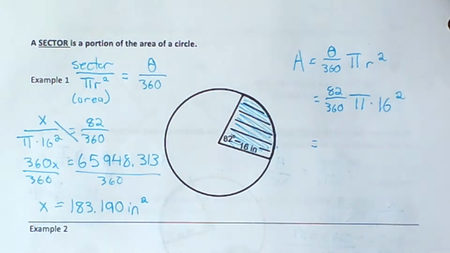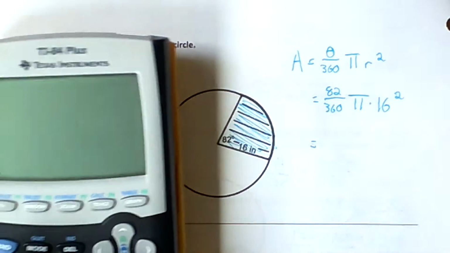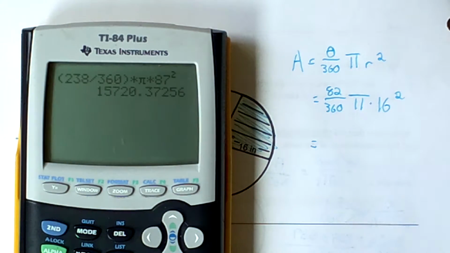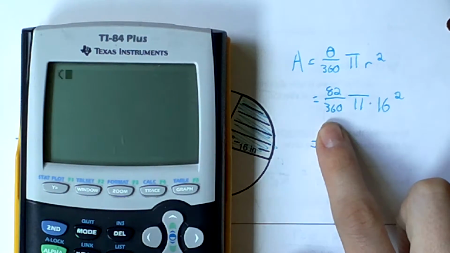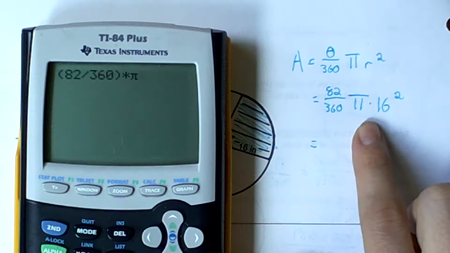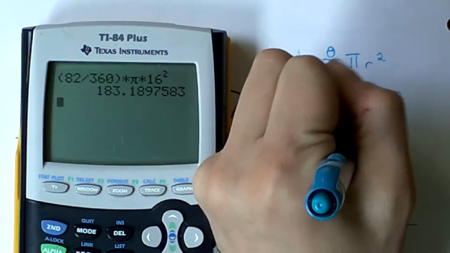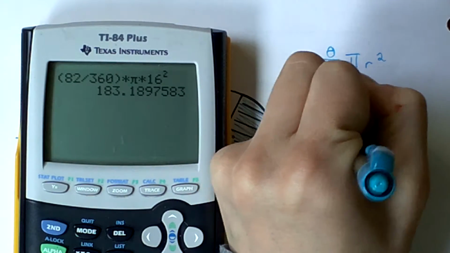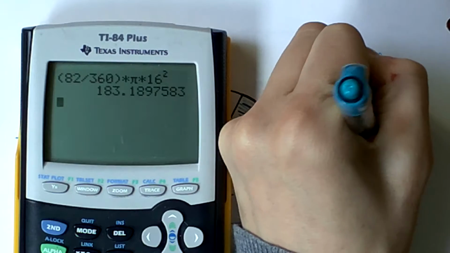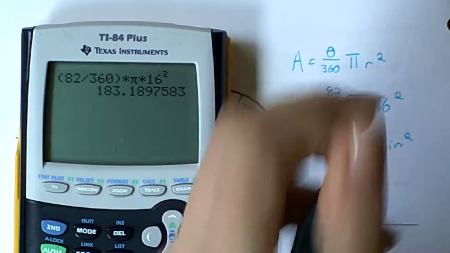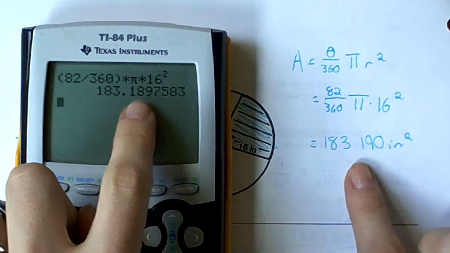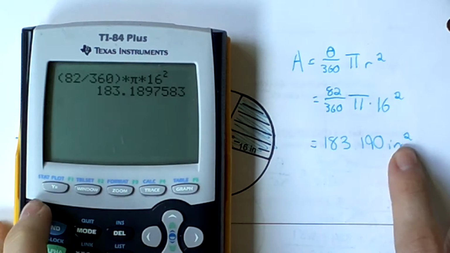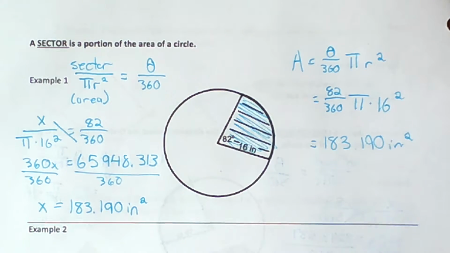And I'm just going to type this whole thing into my calculator. So my fraction, so parentheses 82 divided by 360, times it by pi, times it by 16 squared. Okay, 183, same as before. Remember, you should be getting the same answers. So 183.190 because of rounding, inches squared because we are dealing with area.